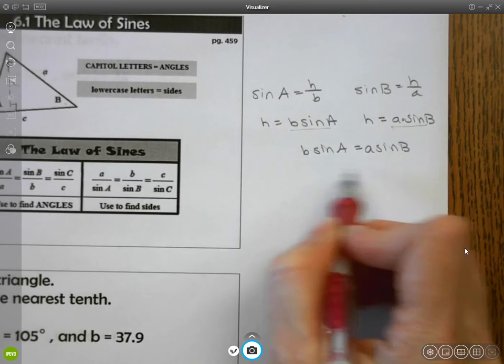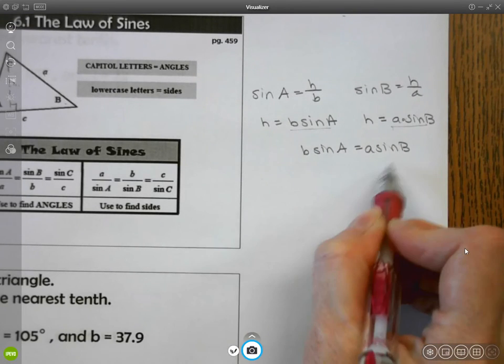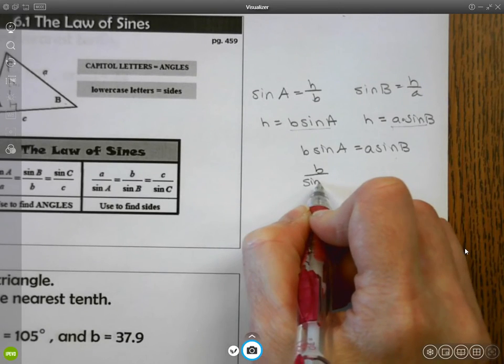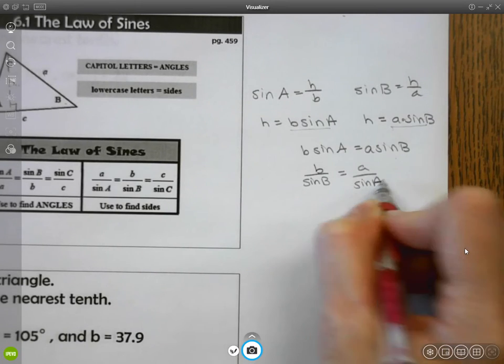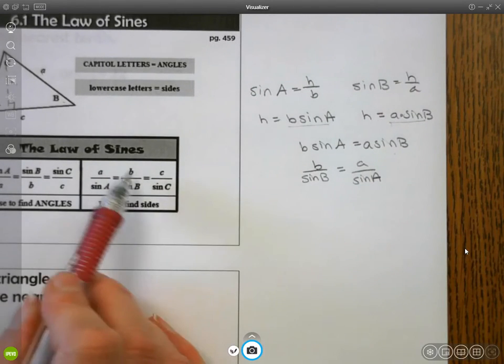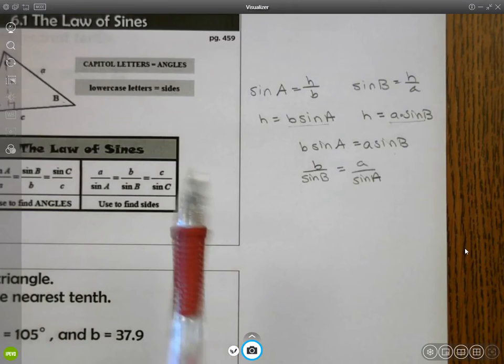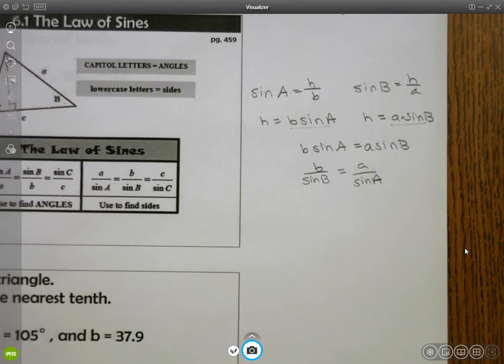And then if you just try to get your variables together, so if I put the sine B over here and the sine A over there with division, I would have B over sine of B is equal to A over sine of A. So you see how that kind of looks like this? You can do similar things and prove that B is equal to C and A is equal to C, so they all equal each other.